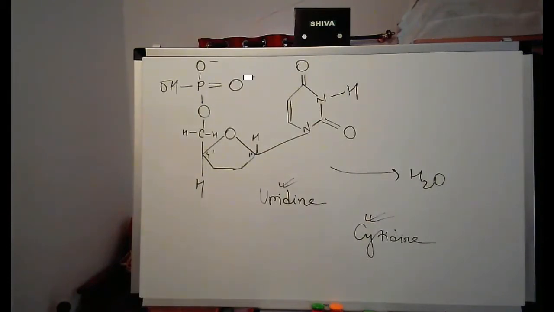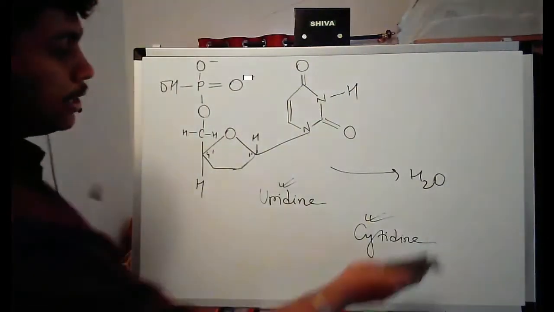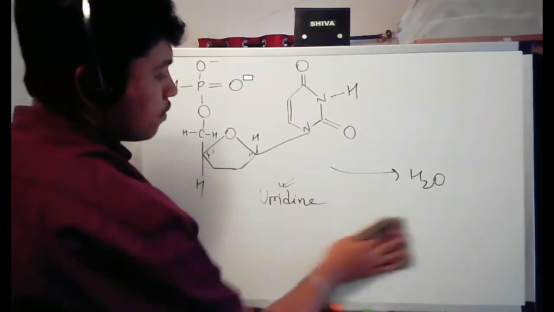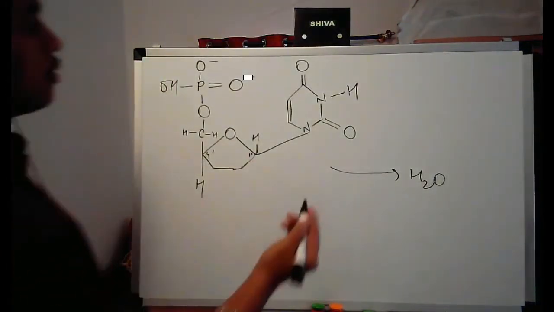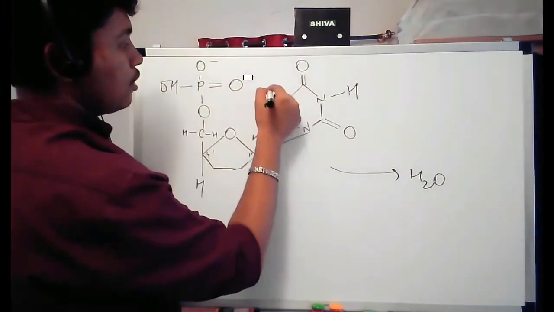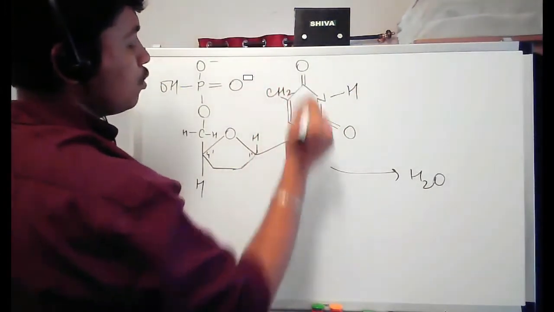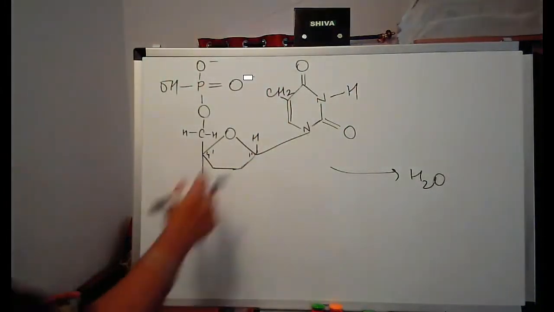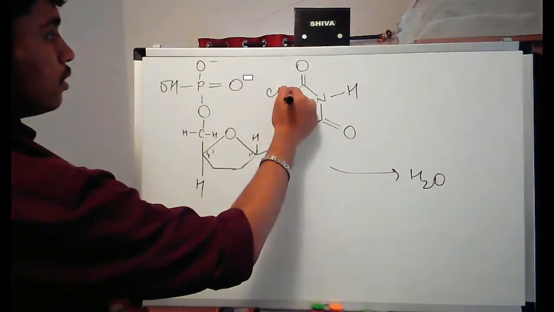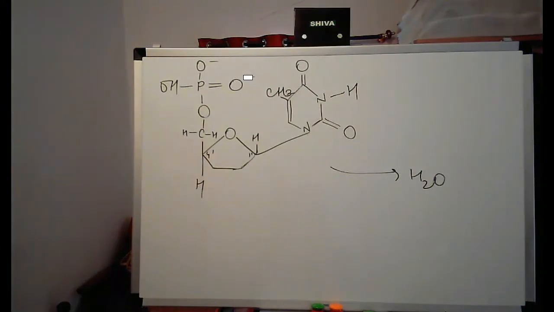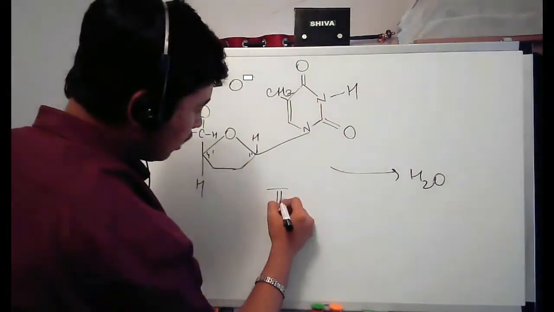And now, lastly, we have thymidine. The only place of change is over here: methylation. If you remember, this was CH2, and one, not two, sorry, three. So that is CH3, and that is thymidine.